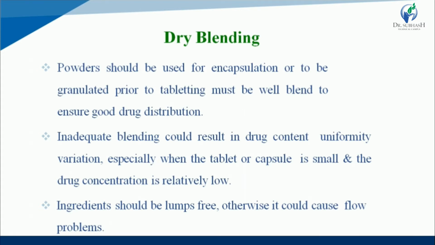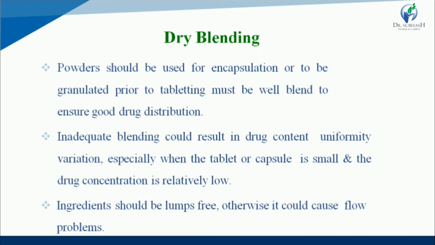Next one is inadequate blending or improper mixing could result in drug content uniformity variation, especially when the tablet or capsule is small and the drug concentration is relatively low. That means inadequate or improper mixing results in drug content non-uniformity, especially when the tablet or capsule is small and the drug concentration is relatively low.